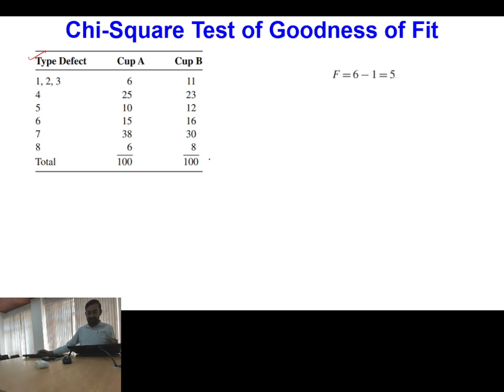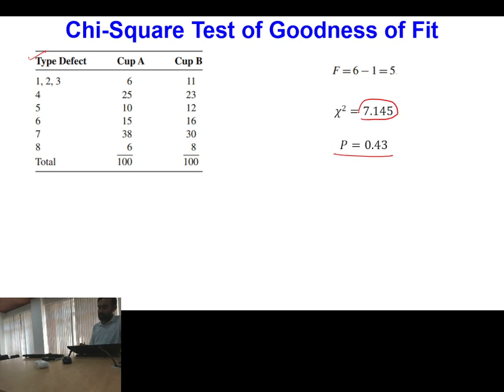Okay, so using this, if you calculate the value of f, it will be 5. If you calculate the value of chi-square, it will be 7.145, and the value of probability comes out to be 0.43. How to calculate the value of probability?